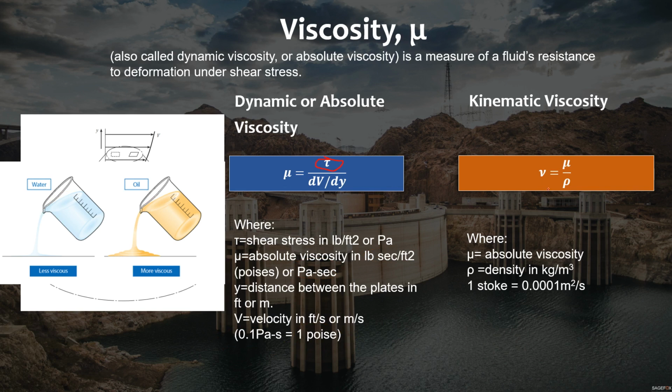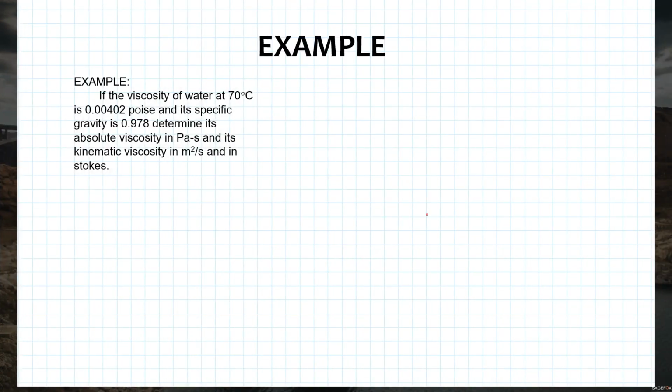Then, with the use of absolute viscosity, and when the liquid starts moving, we can still determine its viscosity using this solution right here for the kinematic viscosity, which is represented by this symbol nu. So nu is equal to mu over rho, or mu, your absolute viscosity, divided by the mass density of the liquid. Okay? Let's apply that on this sample problem.